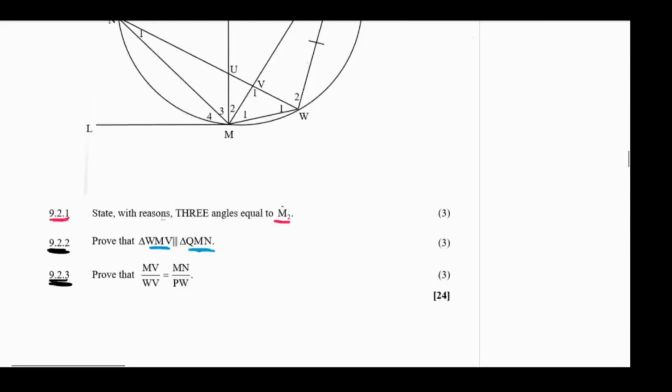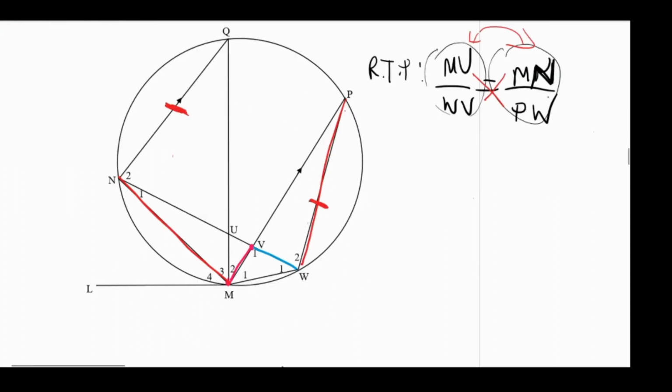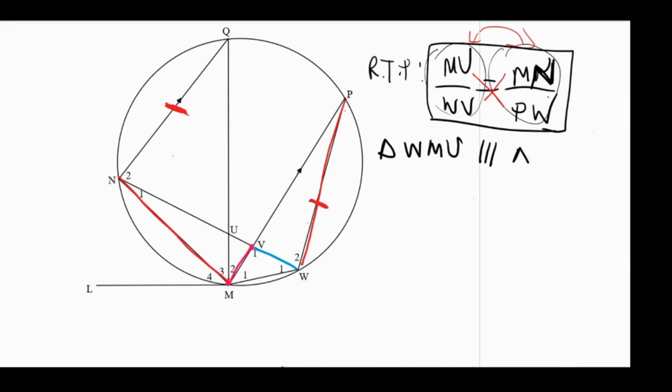So you're required to prove that this ratio is equal to this ratio, right? But before we solve this problem, we need to remember that in the previous question we concluded that triangle WMV is similar to triangle QMN, right?